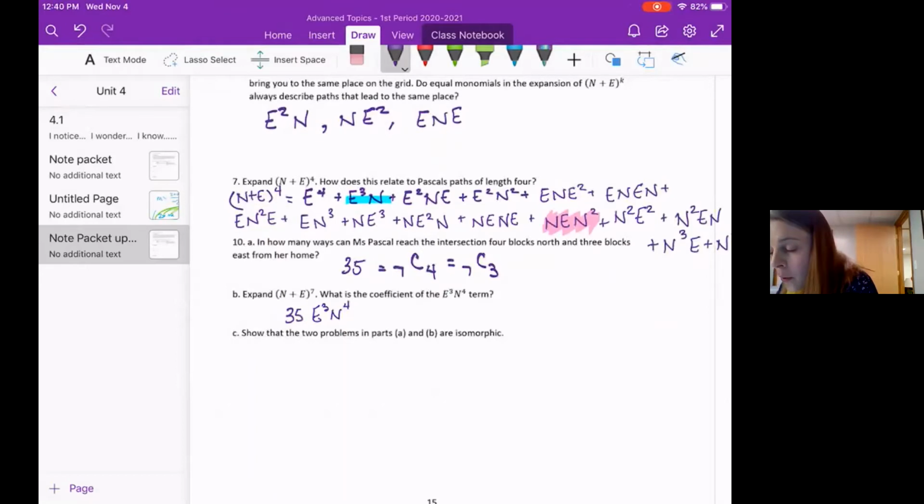We will talk about the connections with the binomial theorem, but if you remember it, it says that the coefficient out front, if you add the 2 powers together, you'll get 7 choose, and then you can either do 3 for the power on the e, or you can do 7 choose 4 for the power on the n. We've kind of already talked about C, but yes, you will notice that A and B are isomorphic. The mathematical process to find those two solutions, as well as the final solution itself, are the same.